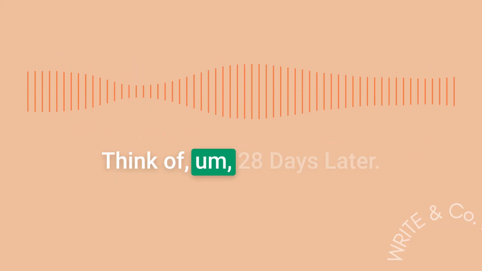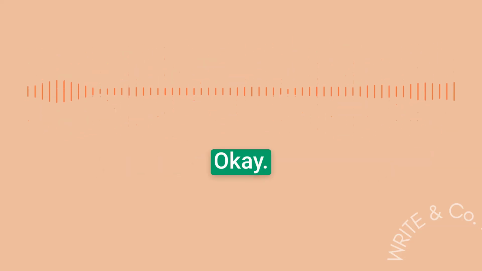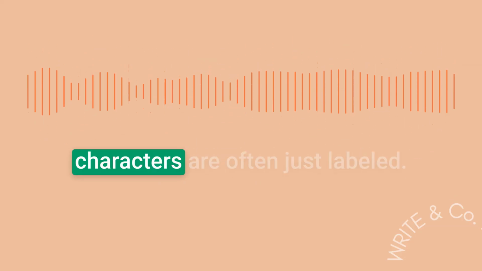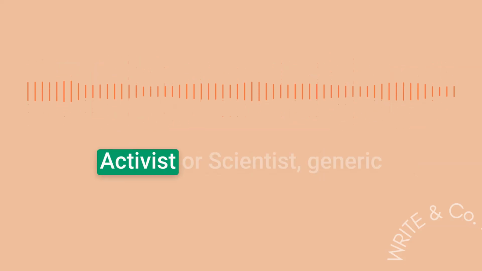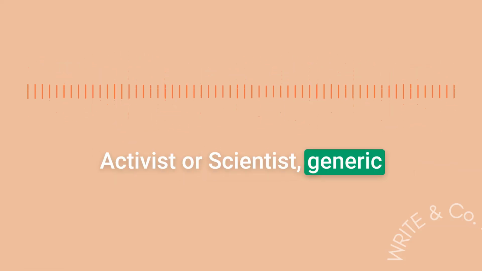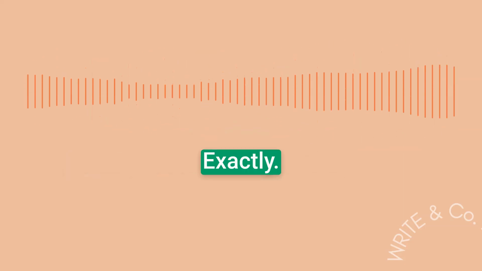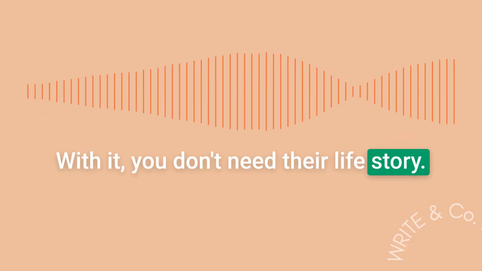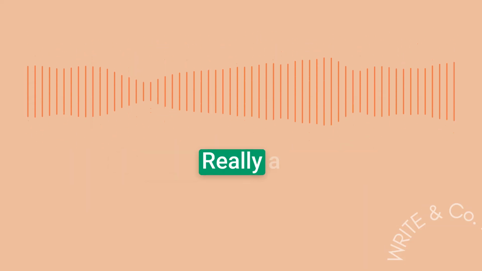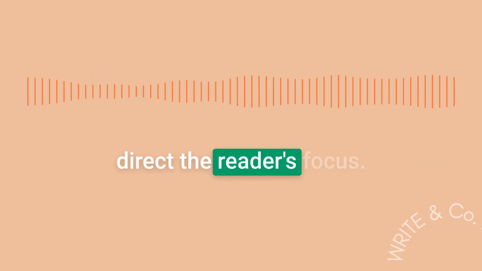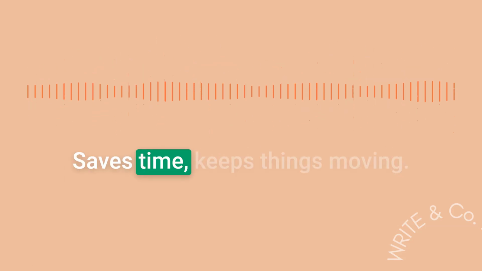Think of 28 Days Later. Okay. In that opening sequence, the characters are often just labeled activist or scientist. Generic. And that tells you immediately these aren't the characters whose journey you're following long term. Exactly. You don't need their life story right then. It's screenplay shorthand, really. A very efficient way to direct the reader's focus. Yeah. Saves time, keeps things moving.